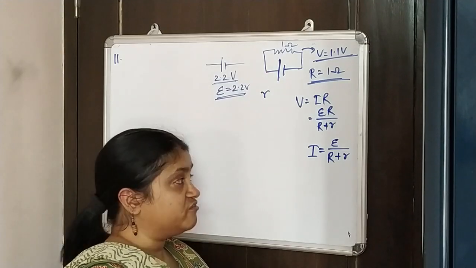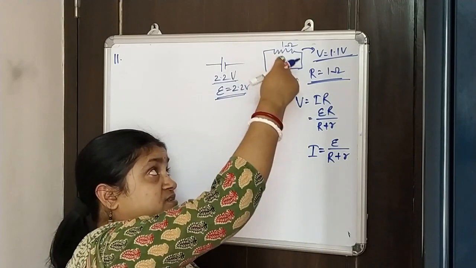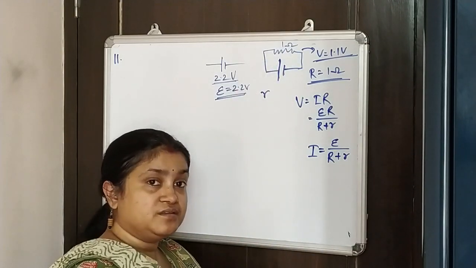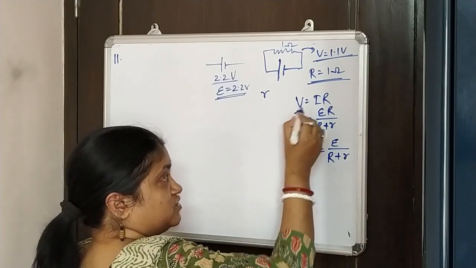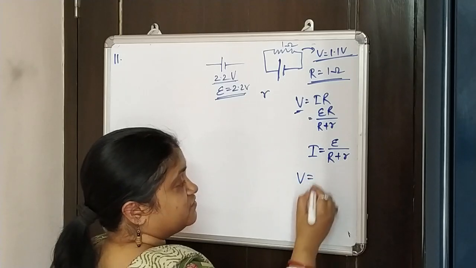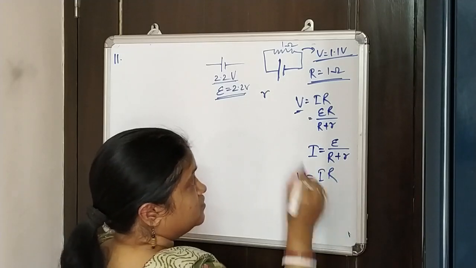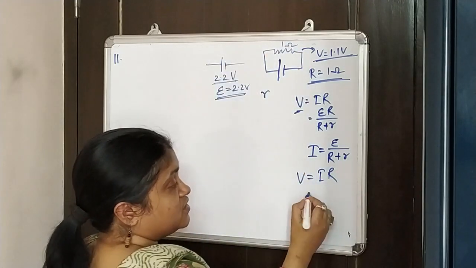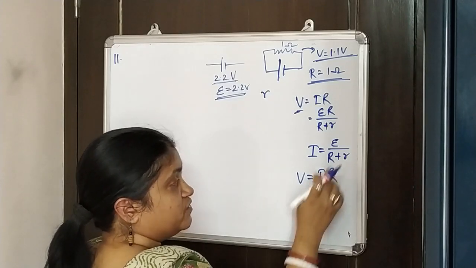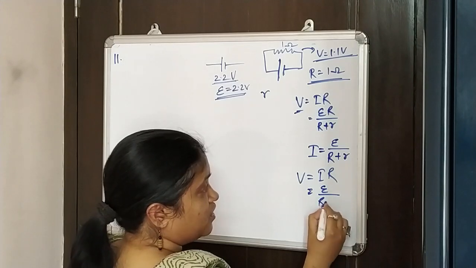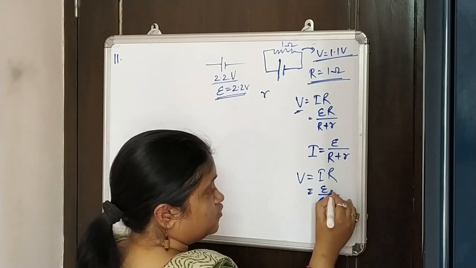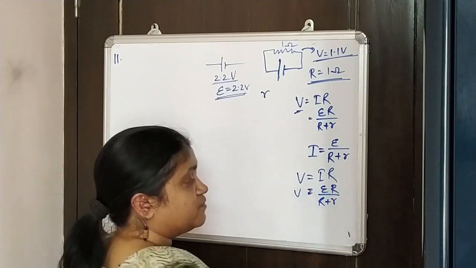This we already know, but in this calculation there is no current, therefore we have to convert it in some other way. Since we know the terminal potential V is I into R, the current that is flowing through this, now we will just substitute for I, which is epsilon by R plus r, into R. So this is my terminal potential.